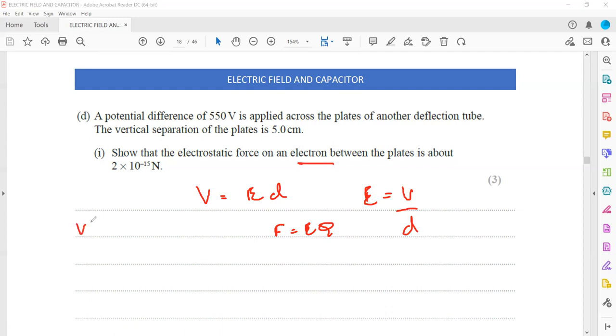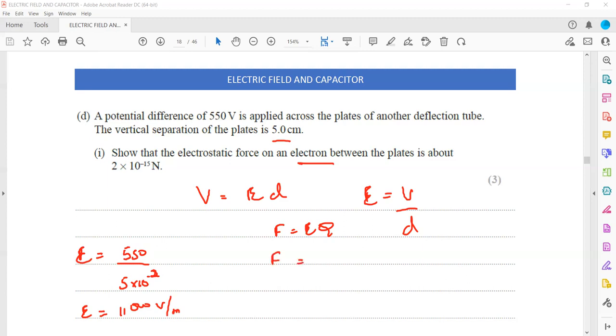So first we find the strength of the electric field between the plates. That is 550 divided by 5 centimeters. Don't forget to convert into meters. So it is 5 into 10 power minus 2, because we divide by 100. So this will be the strength of the electric field, which is about 11,000 volts per meter, or you can also say Newton per coulomb. Now, after getting that, we need the force.